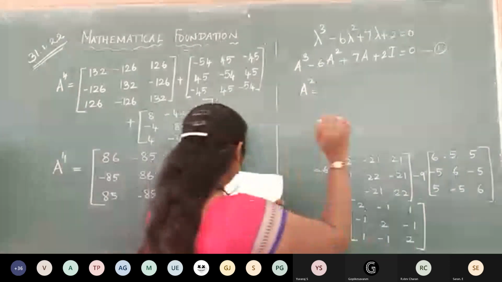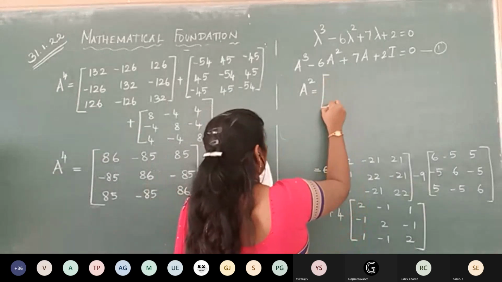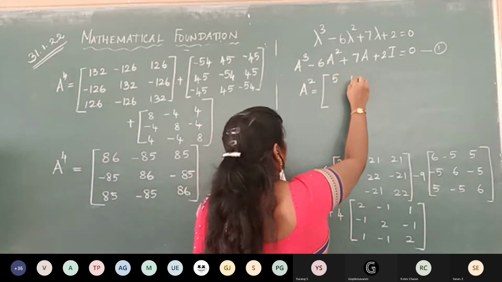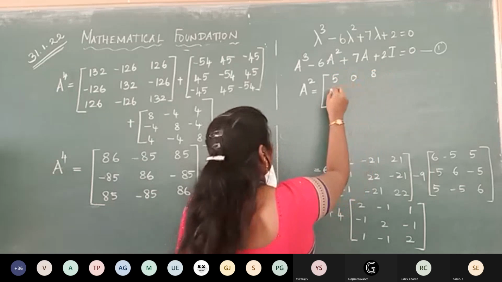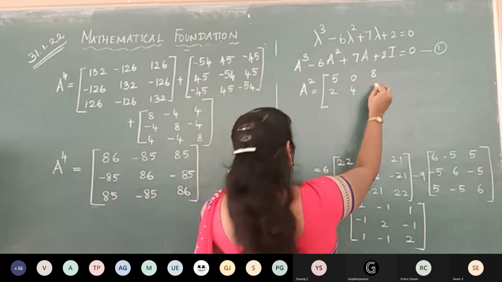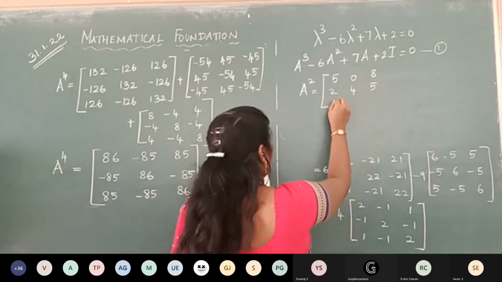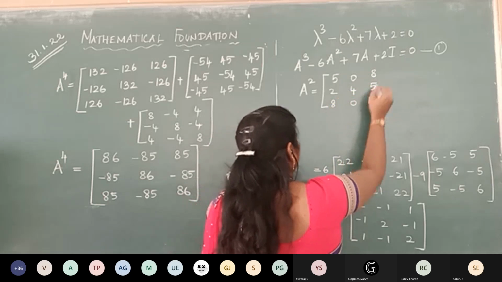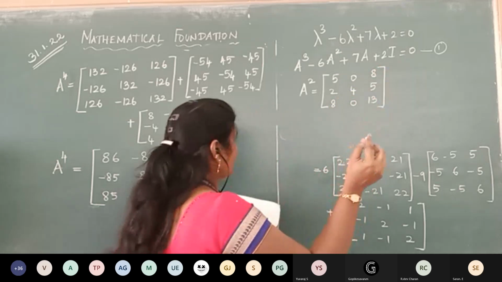Now I will tell you the values of your A square. Mostly everyone had got it correct. 5, 0, 8, 2, 4, 5, 8, 0 and 13. This was your A square's value.